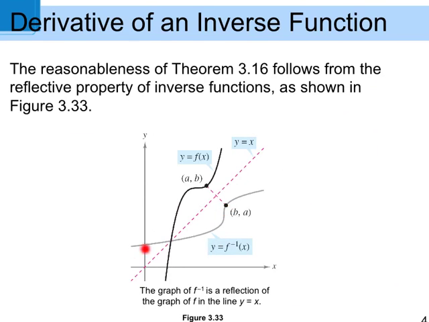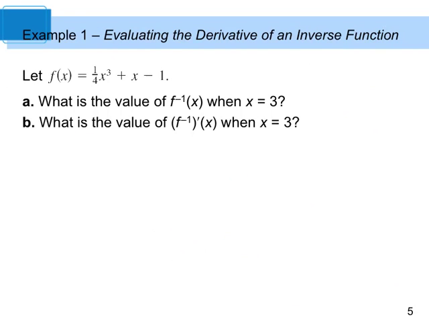Now, again, you won't always be able to explicitly find this inverse, so you're going to need another way to get at least the derivative of the inverse at a certain point. So what we're going to do is use the formula that hopefully you wrote down. If you didn't write it down, go back, rewind, try again. The formula lets us find the derivative of the inverse at 3 when we cannot explicitly solve for the function here.